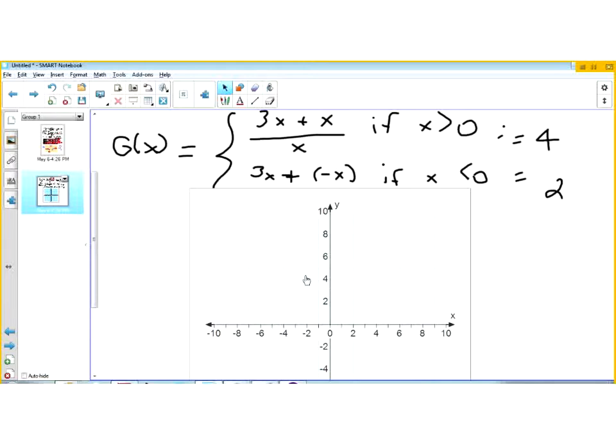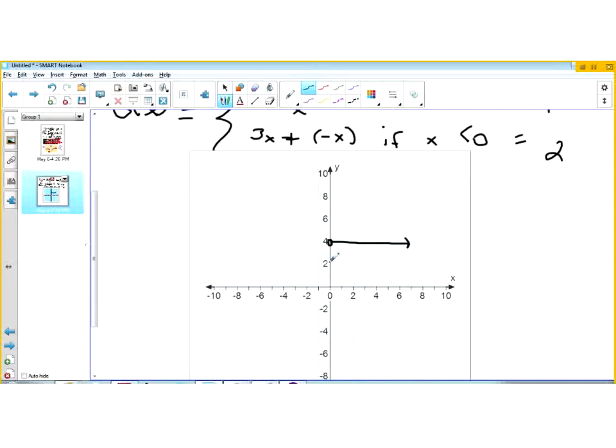Now, at 0, we have what's called a discontinuity. So I'm going to draw an open circle like this at 0, 4. At 0, 4 we have an open circle. That means the function is not defined at x equals 0, but for x greater than 0, the output of the function is 4. So we have this ray for x greater than 0.